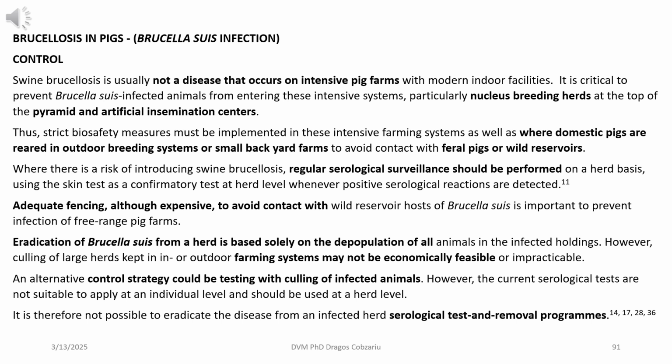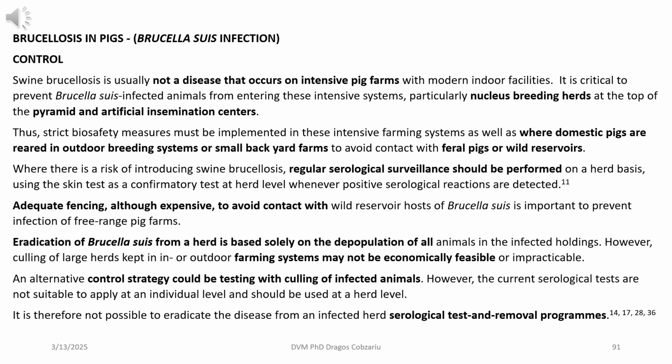Where there is a risk of introducing swine brucellosis, regular serological surveillance should be performed on a herd basis, using the skin test as a confirmatory test at herd level whenever positive serological reactions are detected. Adequate fencing, although expensive, to avoid contact with wild reservoir hosts of Brucellosis is important to prevent infection of free-range pig farms.